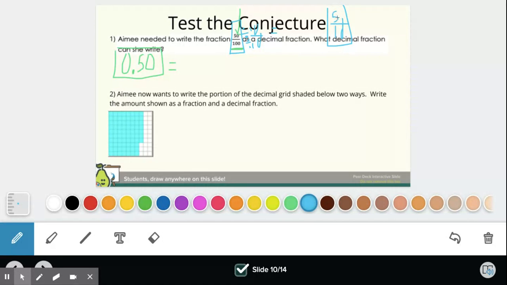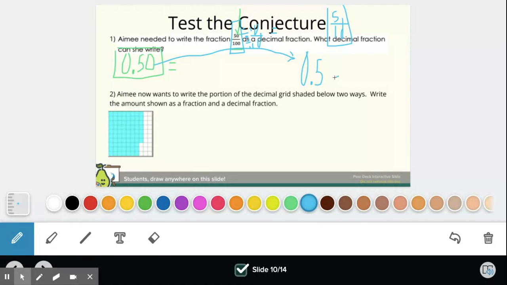So I could actually write this as 5 tenths, okay? Because the 10 tells us where the place value is, and the 5 is the number of units being represented. To take that a step further, that would mean that 50 hundredths is also equal to 5 tenths. And there are a lot of other examples that we can do.